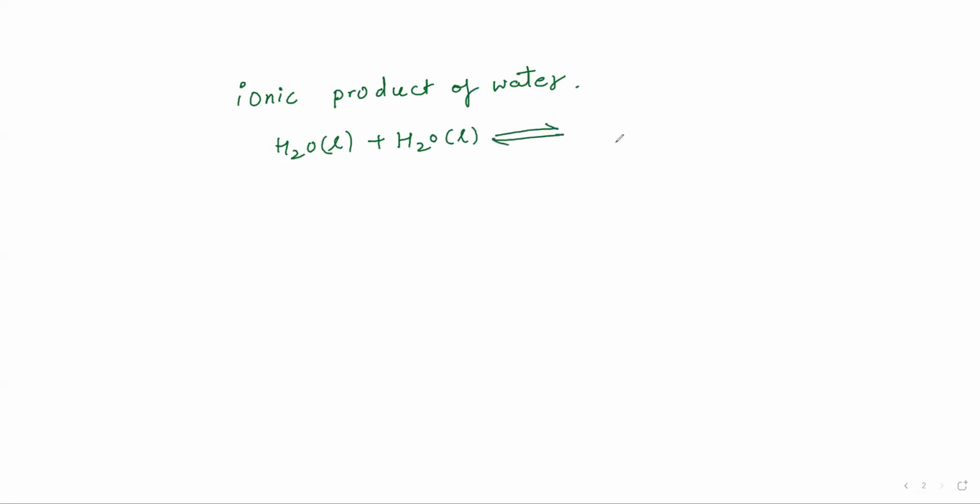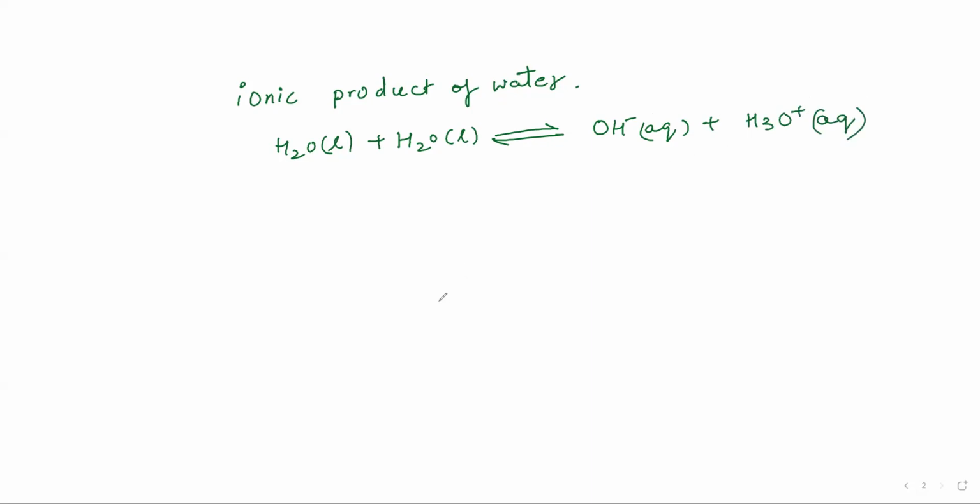Now, what is the ionic product of water? Let us again write the auto-ionization: H2O liquid plus H2O in equilibrium with OH negative aqueous plus hydronium ion.